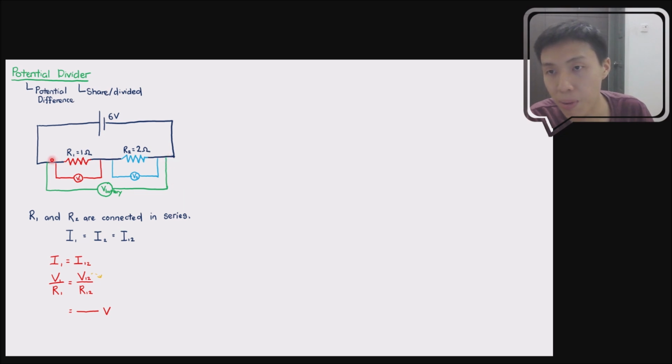Even though I'm encapsulating R1 and R2 inside this green voltmeter measurement, the other side is actually covering the battery, so that means it is also measuring the voltage across the battery. So here I can write V12, and I can also write it as V battery. Sometimes you also call it V input. So that's the first thing that I do.